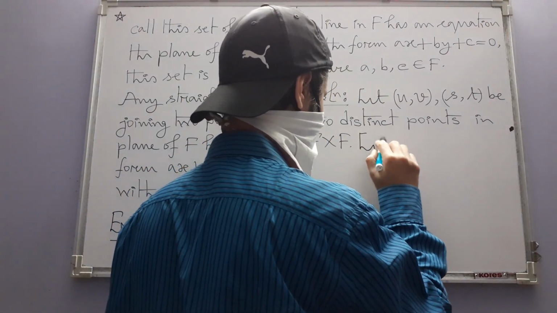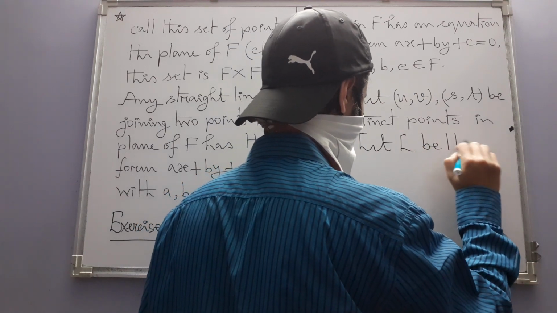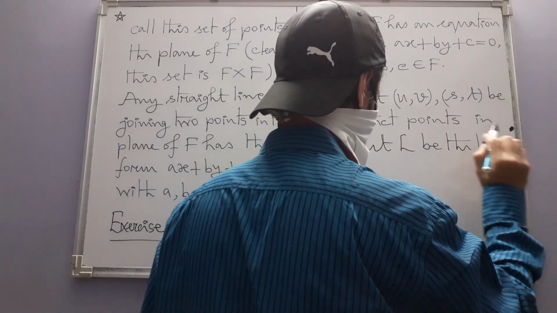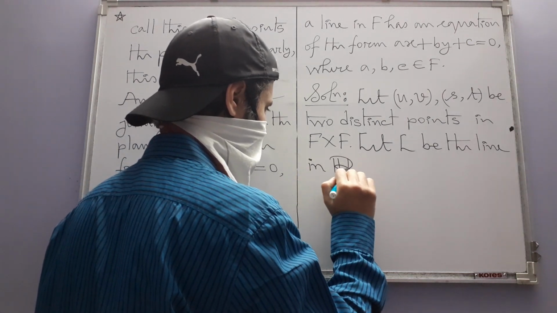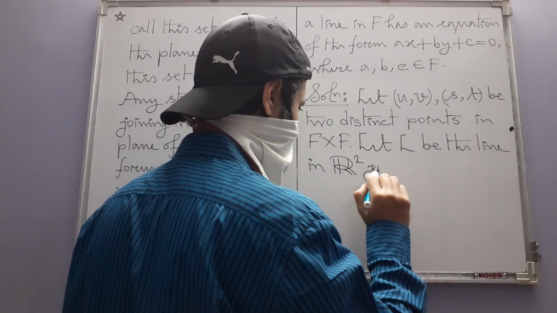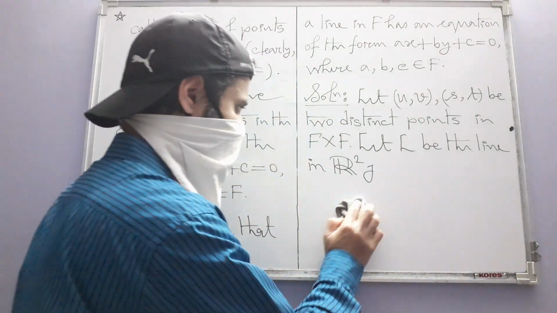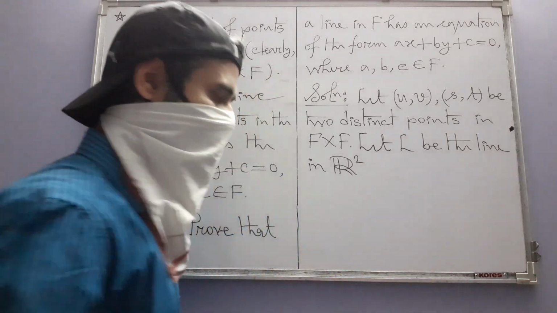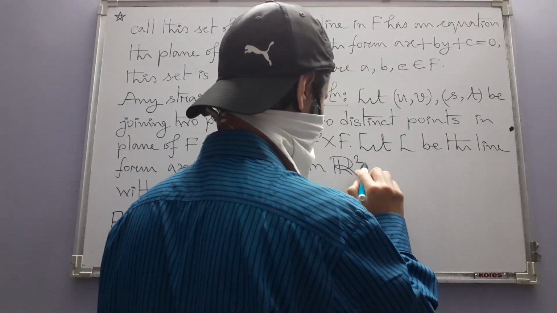Let L be the line in the Euclidean plane. I should not write joining these 2 points, because that would be a line segment only, passing through these 2 points.